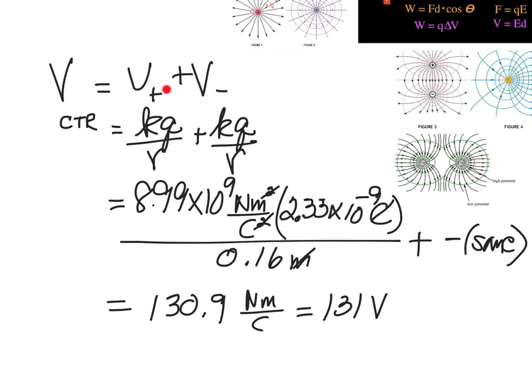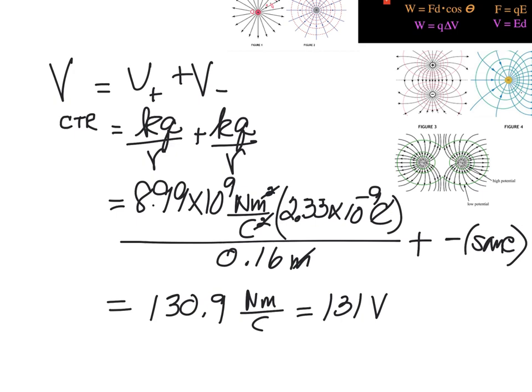Okay, here's the calculation. The voltage at any position, since there's two charges, is going to be V plus V minus. For those two, this is going to be plus and plus. If we do either of the dipoles, we're going to have kQ over r.